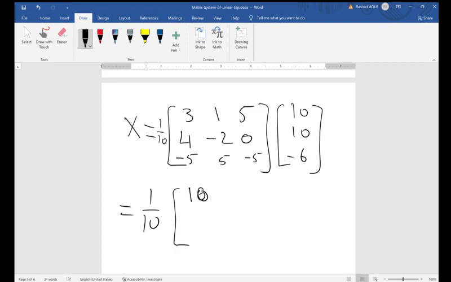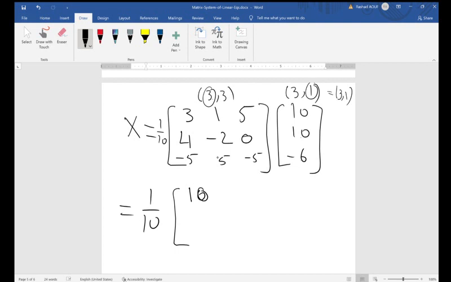I have here a matrix of 3 rows, 3 columns, and a vector of 3 rows, 1 column. The result would be 3 rows, 1 column. So this is the first element.